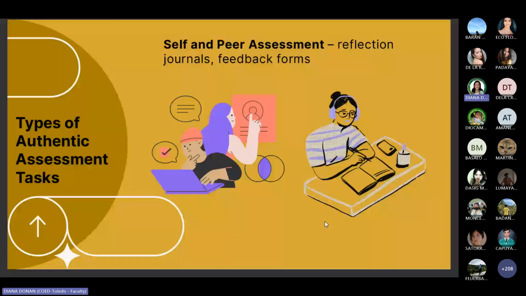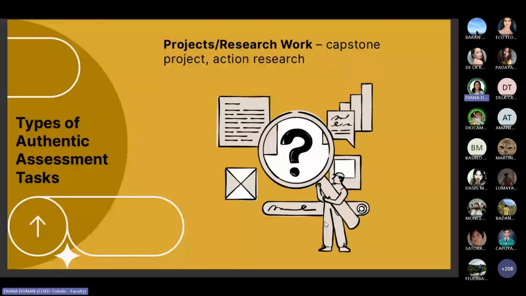Fourth, we have the project and research work. These are long-term, often interdisciplinary tasks that ask students to solve a problem, investigate a topic, or build something.